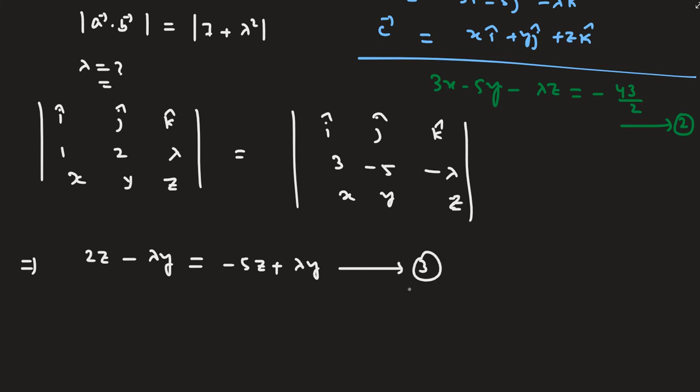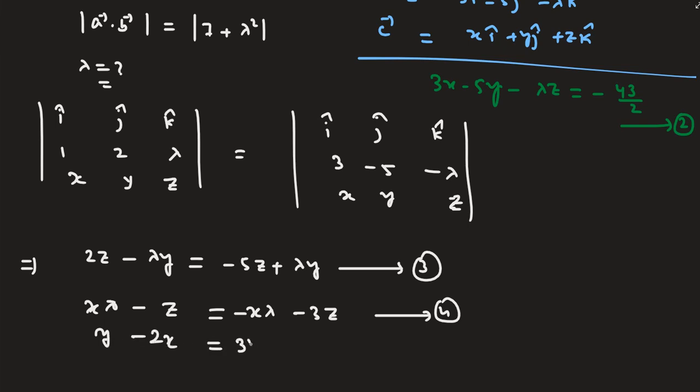So this is equation 3. Take the j component: x into lambda, negative negative cancel out, x into lambda minus z, which is the same as here 3 into x into lambda with negative sign and then minus 3z. That is equation 4. Number 5, the component of k cap: y minus 2x, here 3y plus 5x. Now this will be 5. So we have these relations.